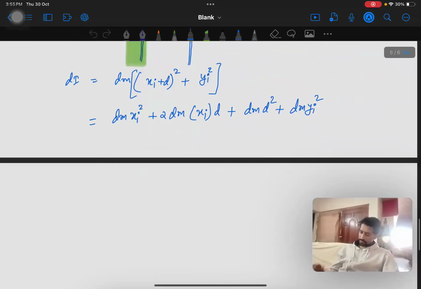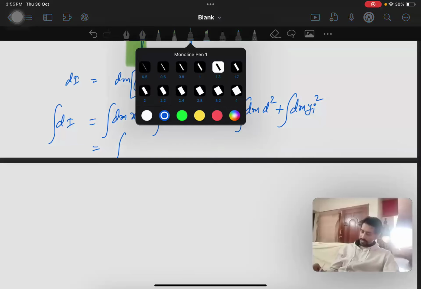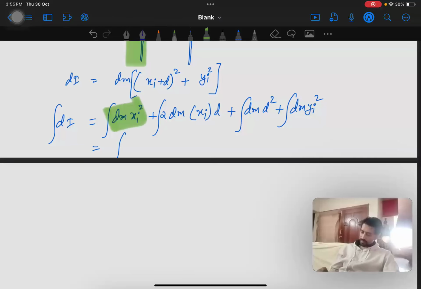Fine. So now let's integrate on both the sides. Let's combine these two terms over here, this one and this one, for a specific reason. So this becomes equal to the integral of dm multiplied by (xi squared plus yi squared).